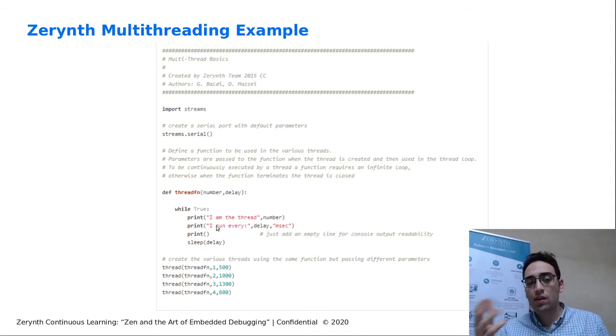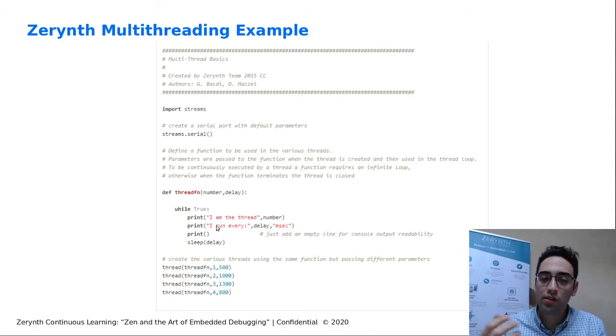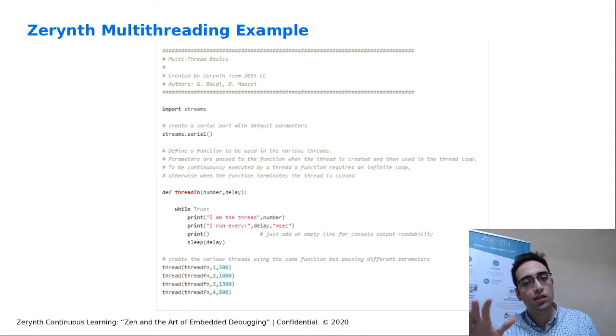So as you can see, Zerynth provides a simple, efficient way to develop for your 32-bit microcontrollers without having to deal with all of the low-level details of FreeRTOS. If you want, you can configure, of course, the priorities and all of that stuff related to the FreeRTOS layer.